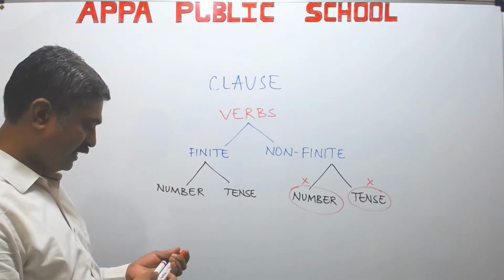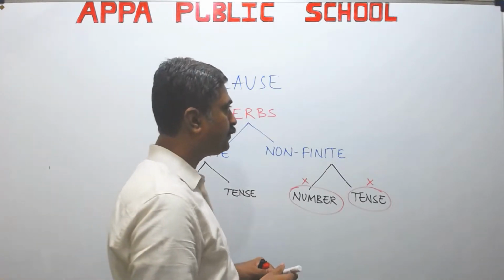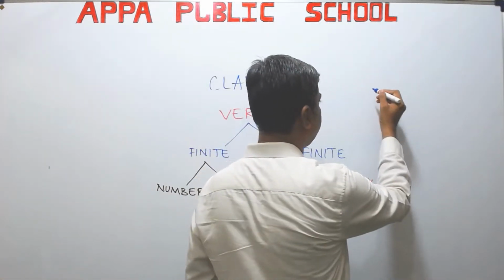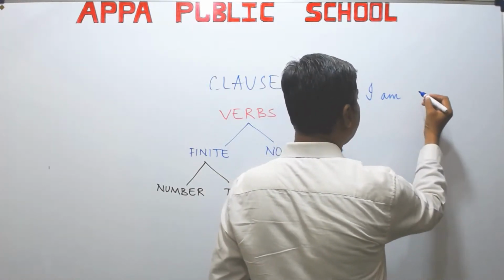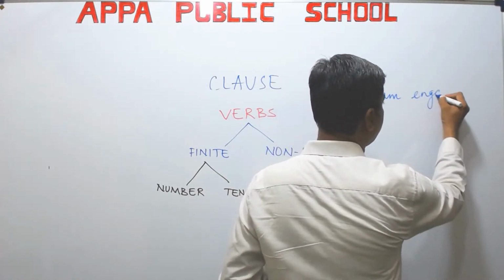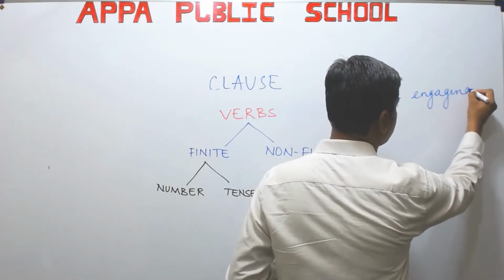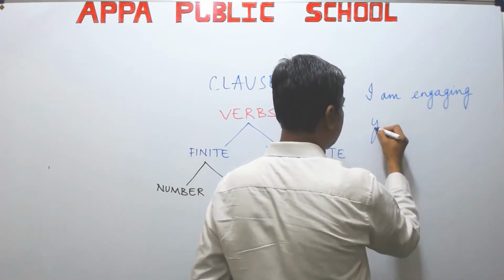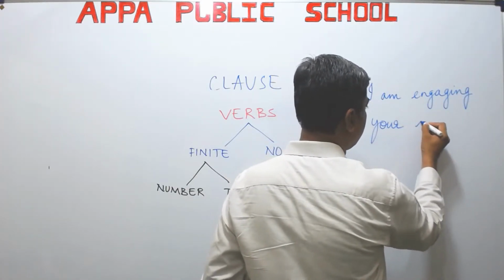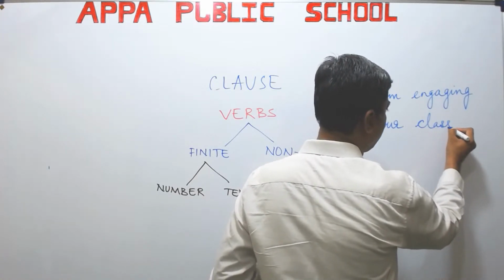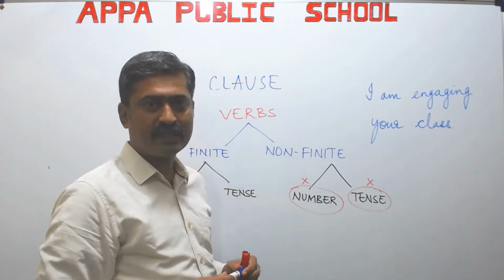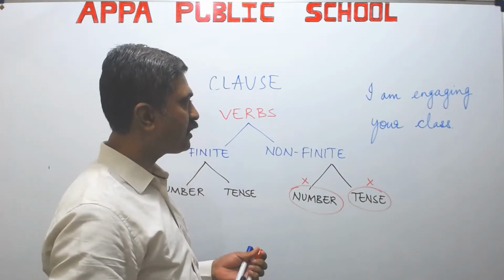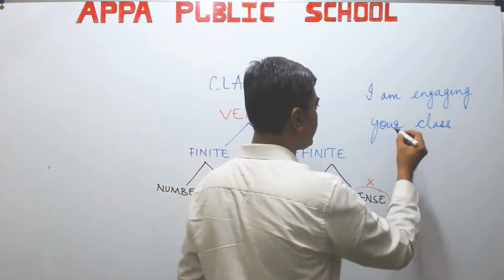For that, let's go to an example. I'm engaging your class. So let's check out the tense of this sentence. When we go to check out the tense, obviously we need to check the verbs.